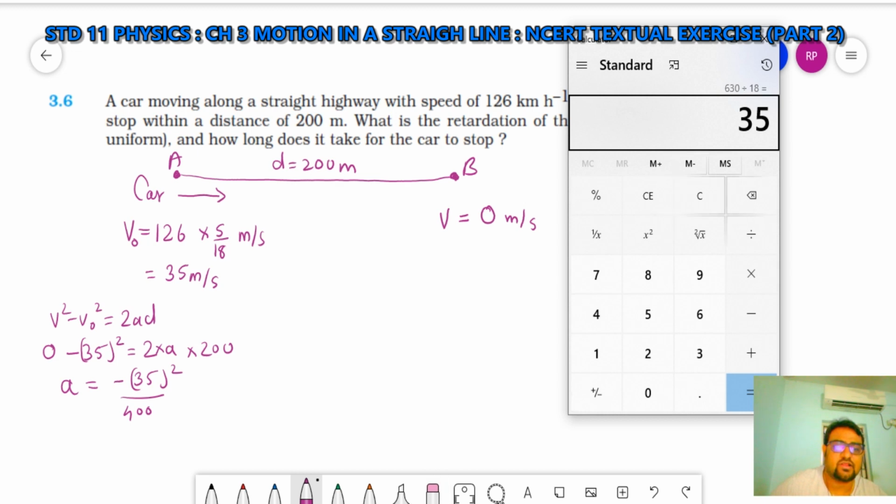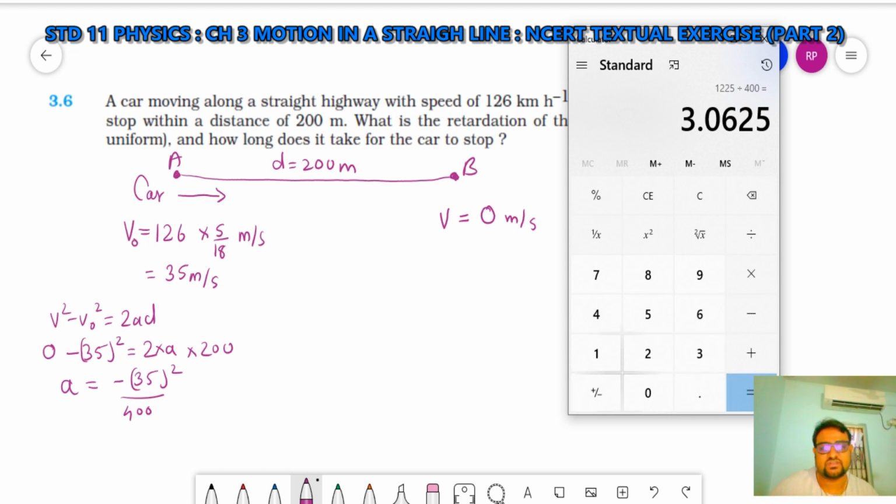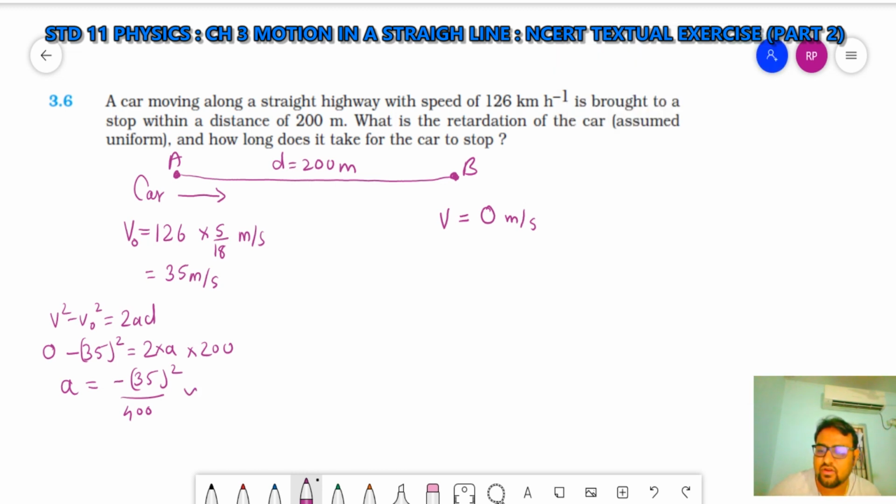So let me calculate it. It's 35 into 35 divided by 400. This is equal to 3.065. So in round figure, I will take it as 3 meter per second square. Sorry, minus 3 meter per second square.